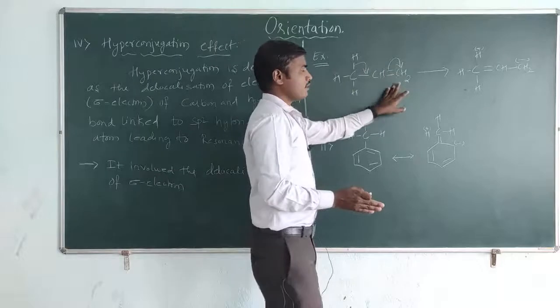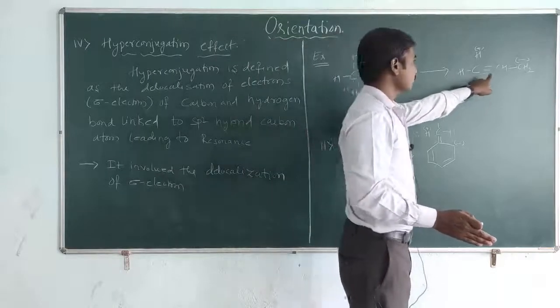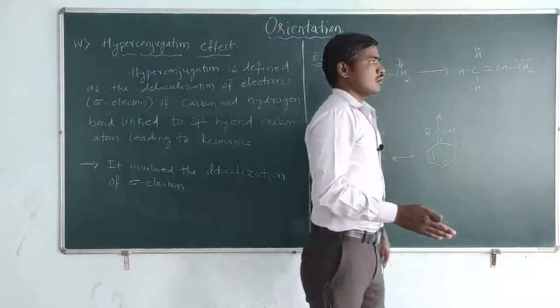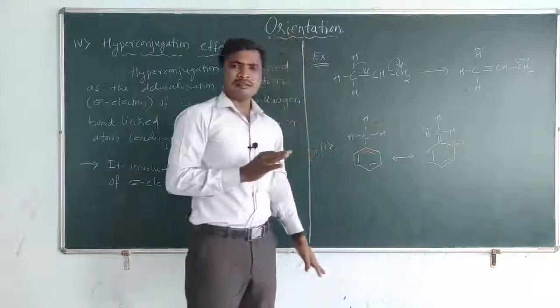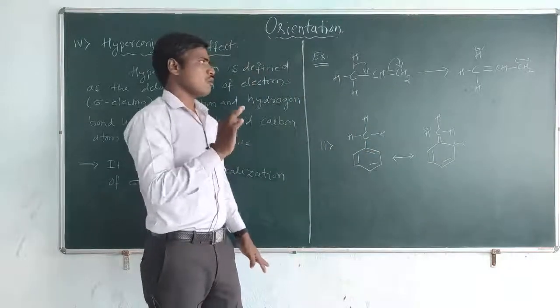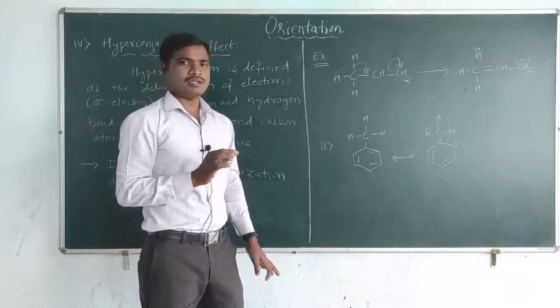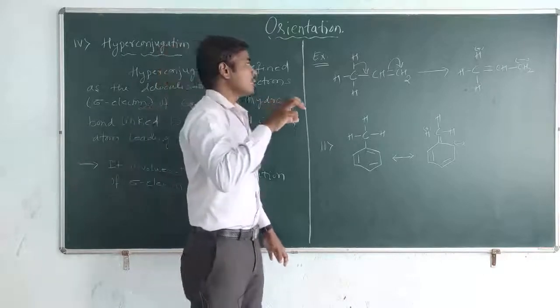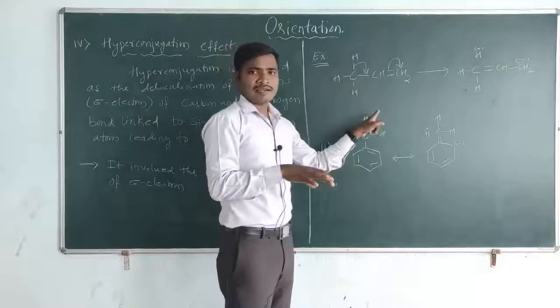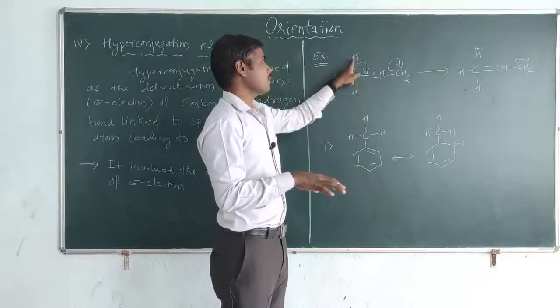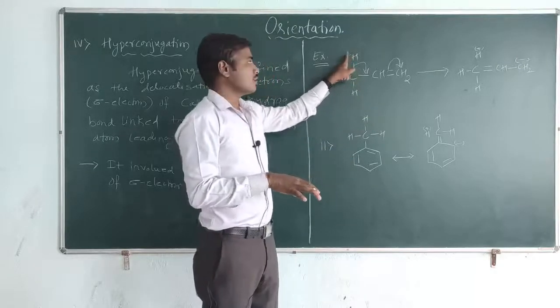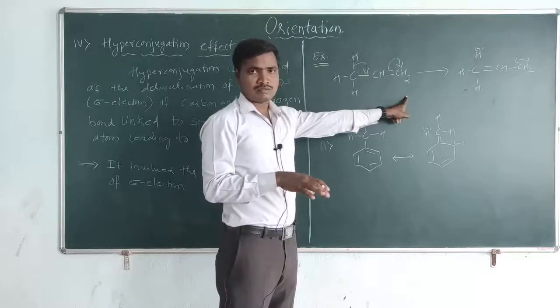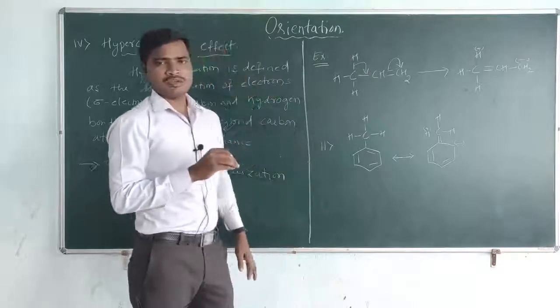So due to that we can see the formation of polarity in a molecule. So overall, hyperconjugation effect is nothing but the effect due to the delocalization of the sigma electron that is in between carbon and hydrogen, that results in the resonance. So that we call hyperconjugation.